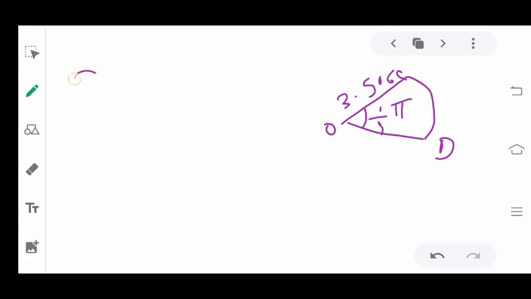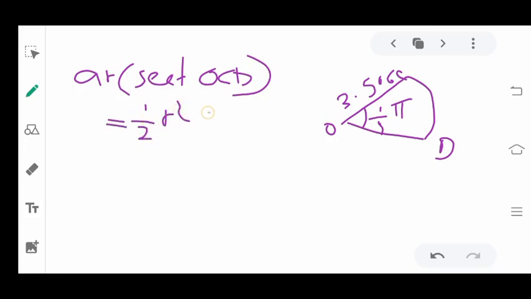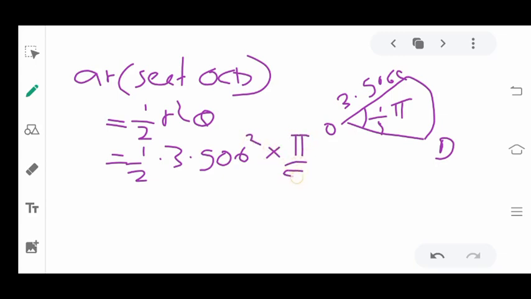So area of sector OCD is equal to half r squared theta, which is equal to half into 3.506 squared times pi by 5, which is equal to 3.87 centimeters square.